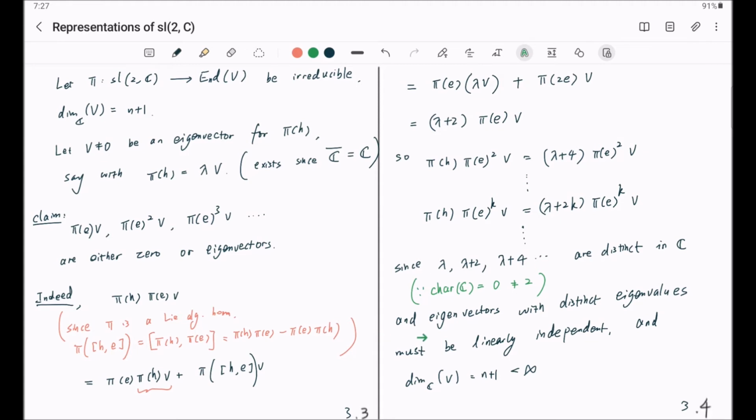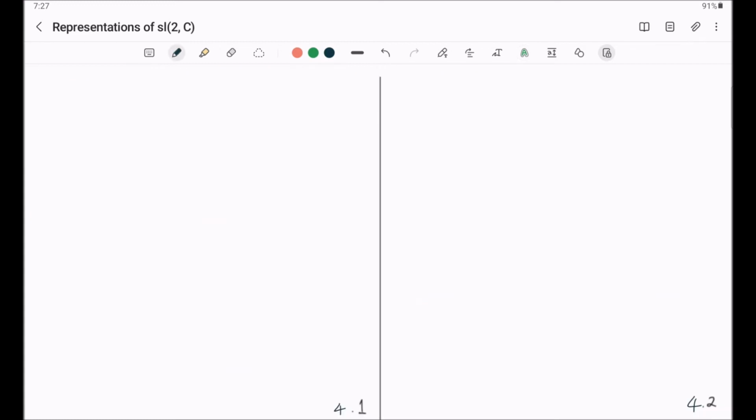Since this, and this, there must be a v naught in V and lambda naught in C such that number 1, v naught is not 0.